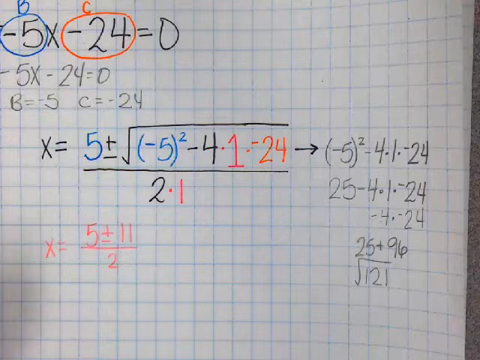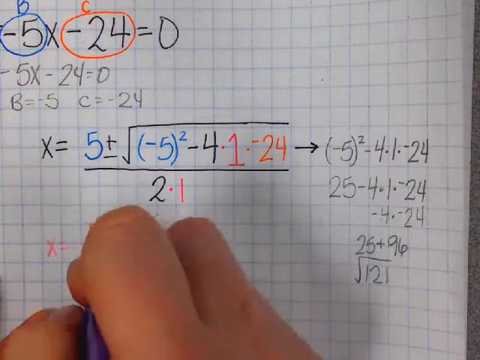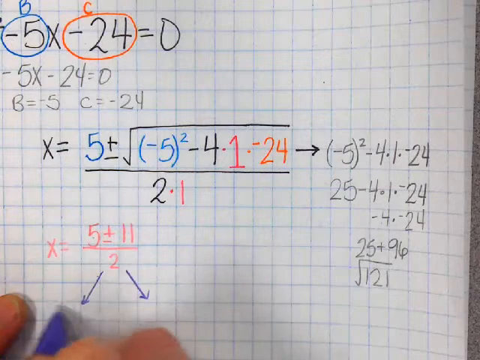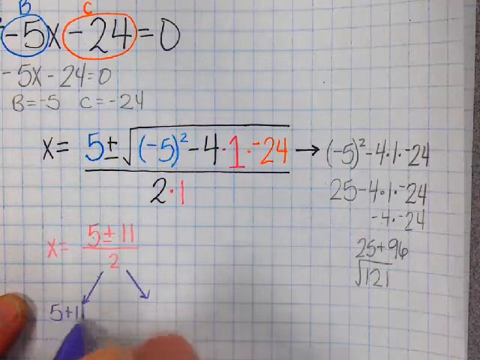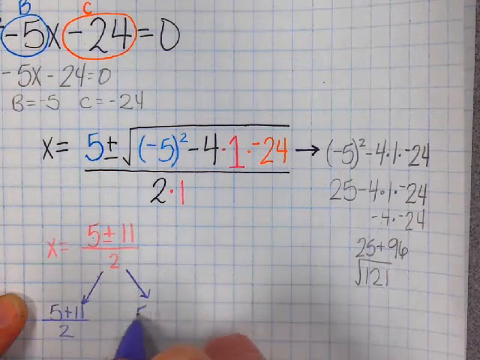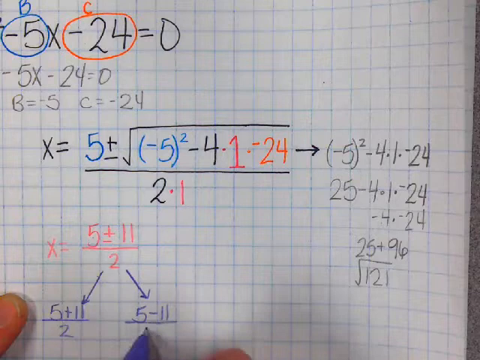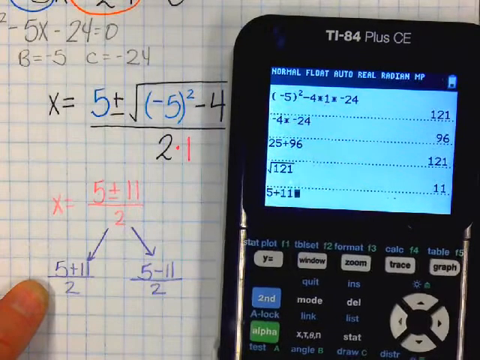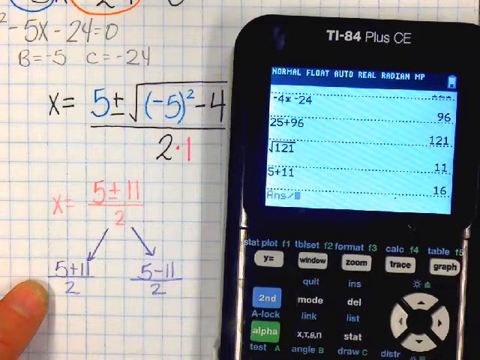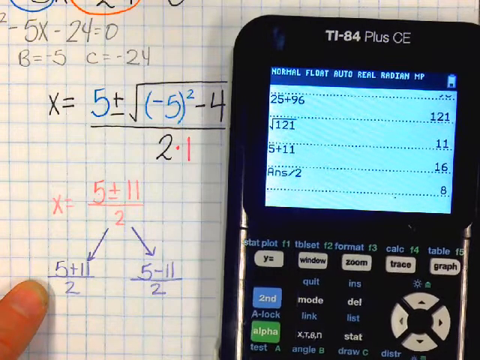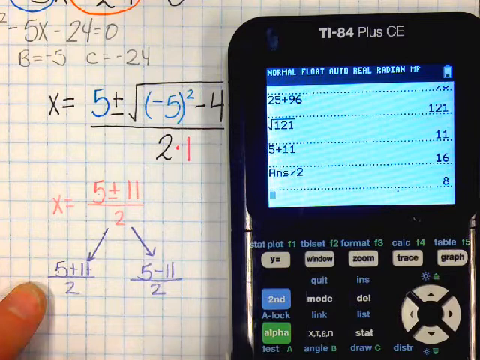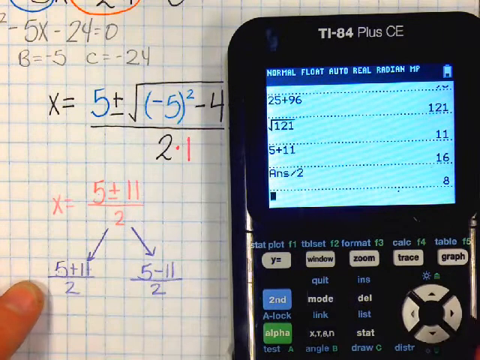Now, this is the same type of thing that we did for completing the square, where you had to write it once as a positive, once as a negative. So I'm going to write it as 5 plus 11 divided by 2 and 5 minus 11 divided by 2. So 5 plus 11 is 16, divided by 2 is 8. You have to do this stuff up top first and then divide by the 2.